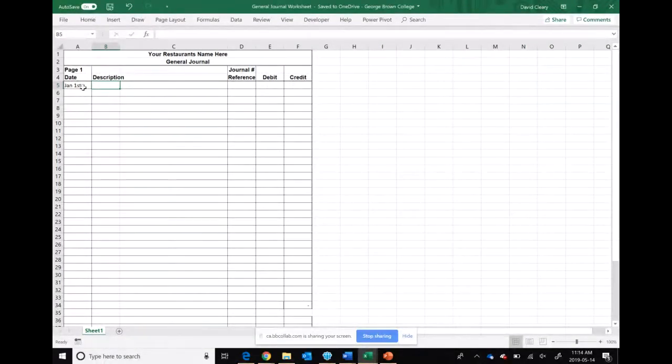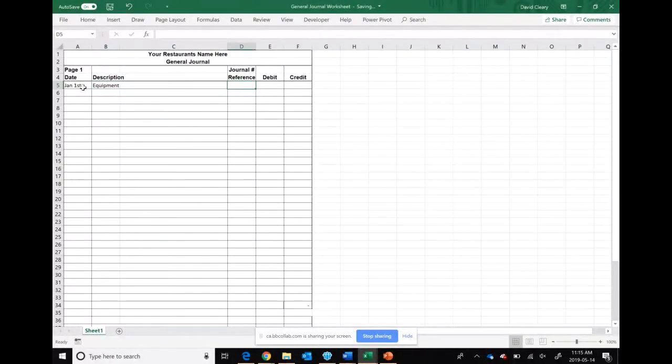Okay, so we've paid $3,500 for a new oven. What two accounts are being affected? Cash and equipment. Which one is being debited? Both are assets. Equipment, absolutely. So we put equipment. We list equipment first because that is the account that's being debited.